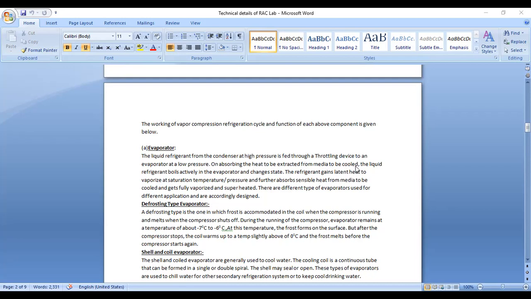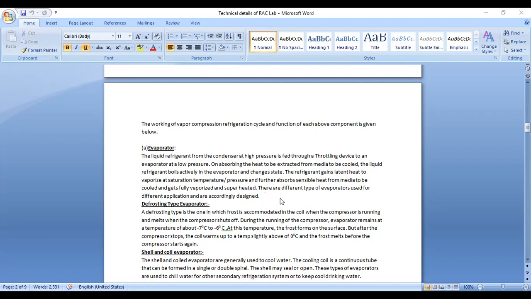The liquid refrigerant starts boiling actively in the evaporator and changes from liquid to vapor. The refrigerant gains latent heat to vaporize at the saturation temperature and further absorbs sensible heat from the media to be cooled and gets fully vaporized and superheated.